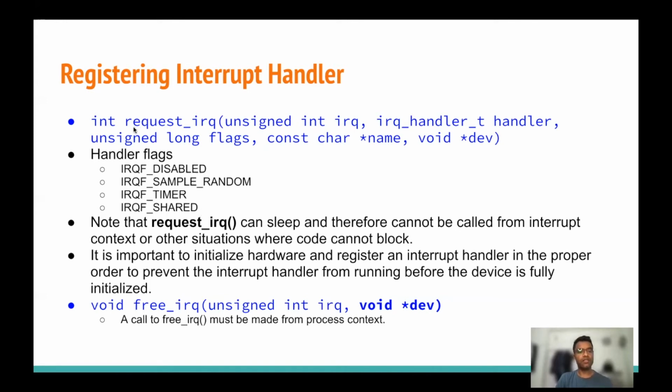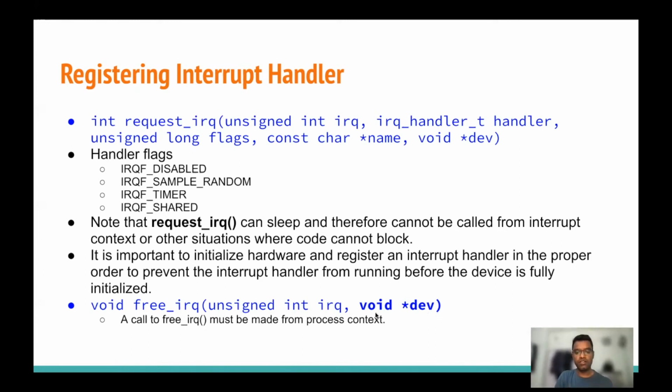This function can sleep, so we should take care that we do not run this function from the interrupt context. If we want to free our registered interrupt, then we can use this function, and it takes the IRQ number on which we have registered our interrupt and the device for which that interrupt was registered.